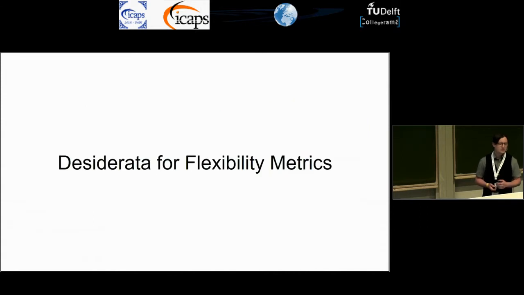So in an effort to prevent these sorts of unintuitive properties, we propose a set of 4 desiderata for flexibility metrics, which we hope will ensure that they behave in a more intuitive way.